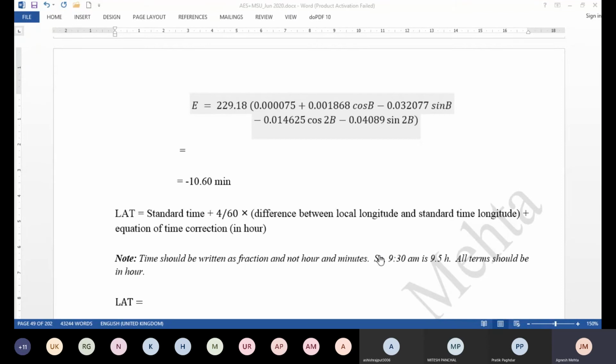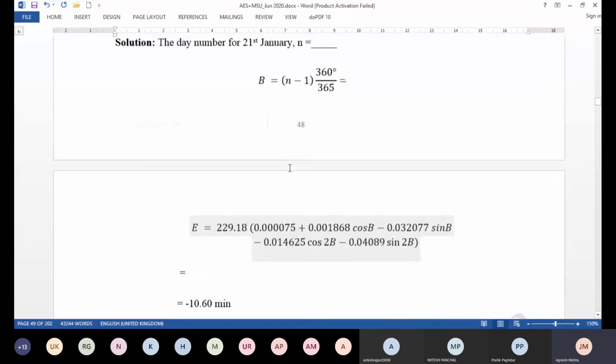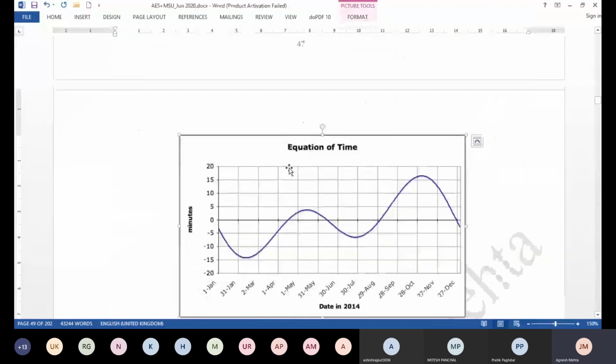Somebody is showing minus 74.54. I think there is some mistake made somewhere. If I look at the graph, that confirms that it should be near minus 10 something. Minus 10.60. Yeah.